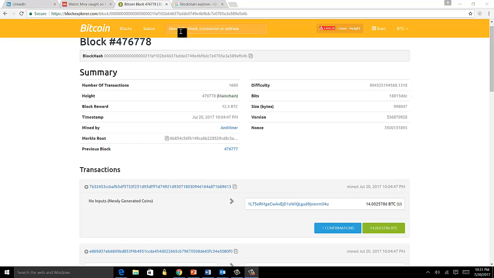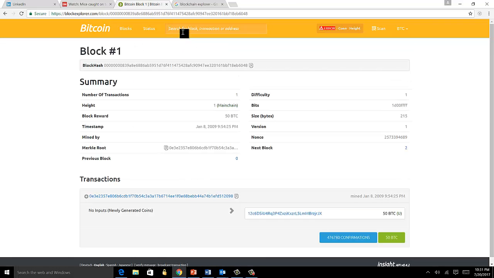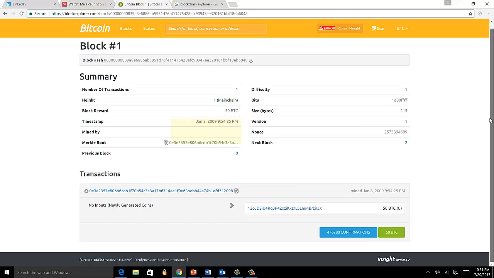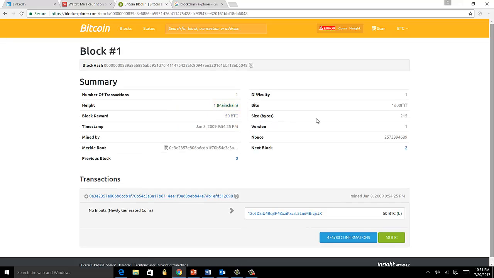So if I were to go up here and search for block 1, this is the Genesis block. The very first block mined on the Bitcoin network, January 8th, 2009. Previous block, 0. 50 Bitcoin. So that's how many Bitcoins were mined on that very first block.